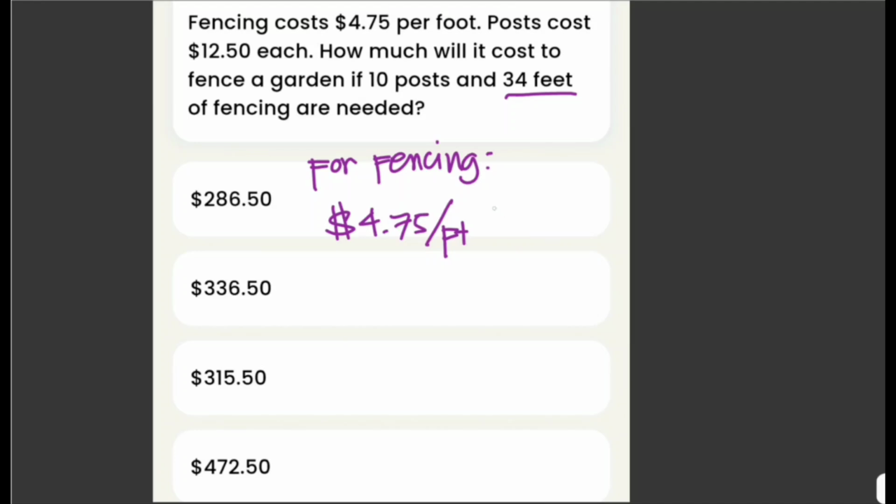So we just multiply this by 34 feet. So this cancels out, and we're left with the cost in dollars. So this is just equal to $161.5.